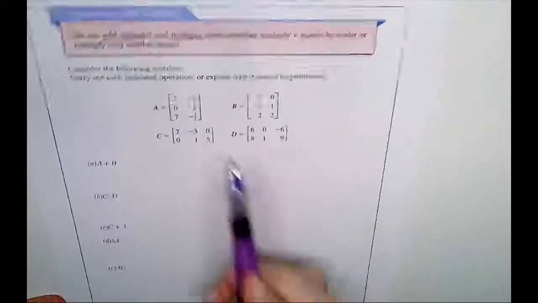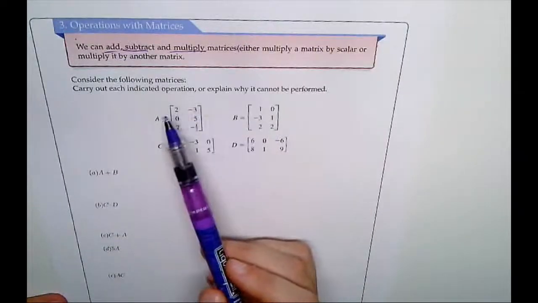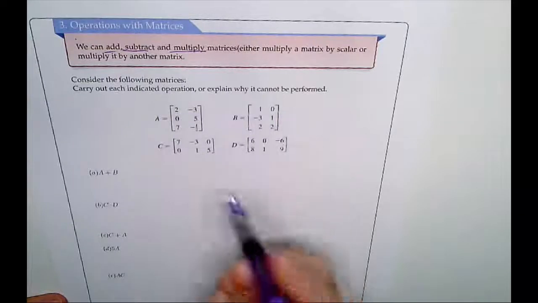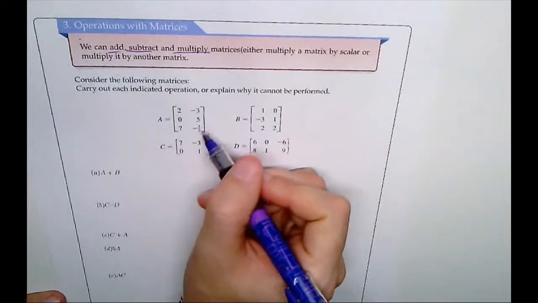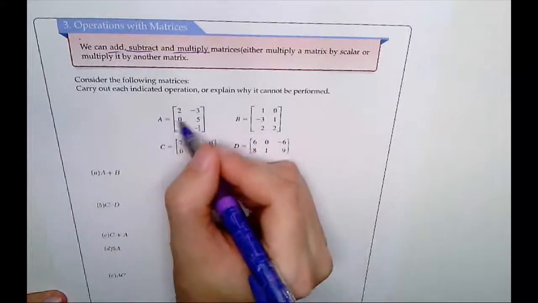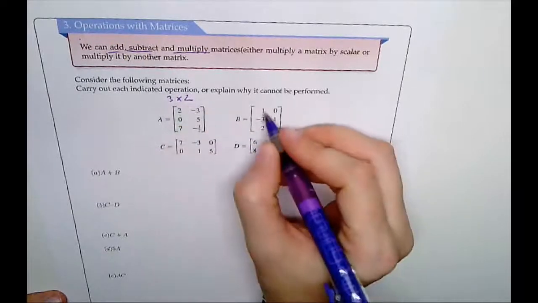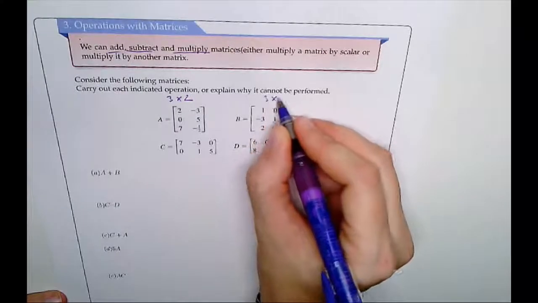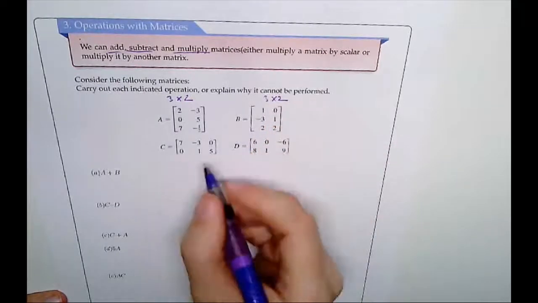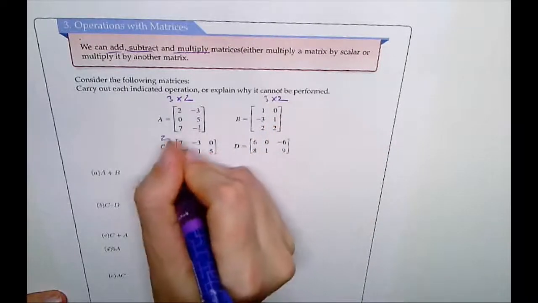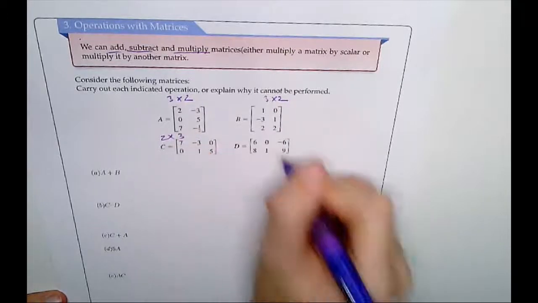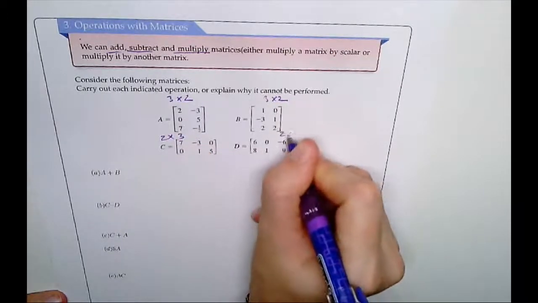So let's see. If I have these matrices A, B, C, and D, let's practice. What is the dimension of A? Well, I have 3 rows and 2 columns. What about B? I have 3 rows, so it's 3 by 2. What about C? C is 2 rows by 3 columns. And then D is 2 rows by 3 columns as well.